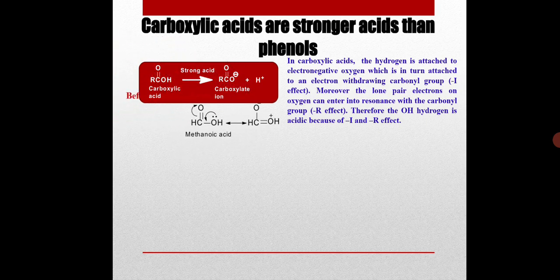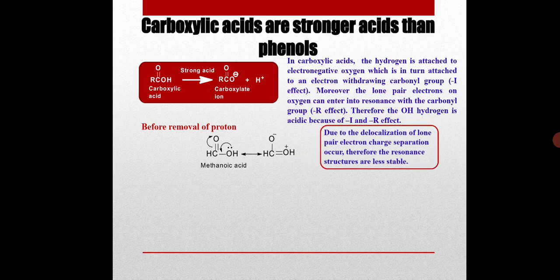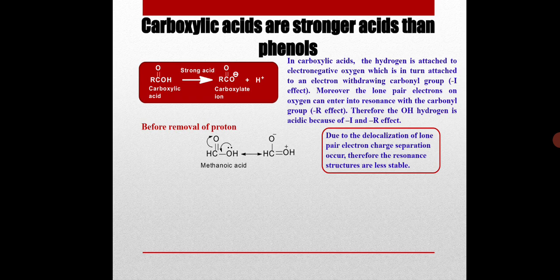Now, this is the resonance structure of carboxylic acid. In this resonance structure, when the lone pair electron enters into resonance with the carbonyl group, there is a charge separation, and therefore these resonance structures are less stable.